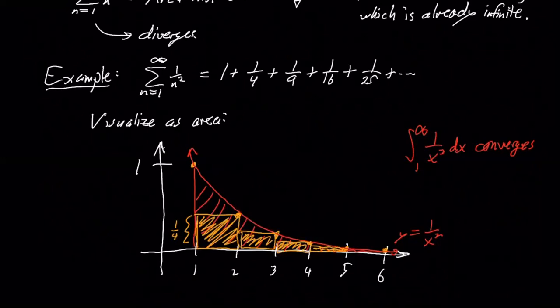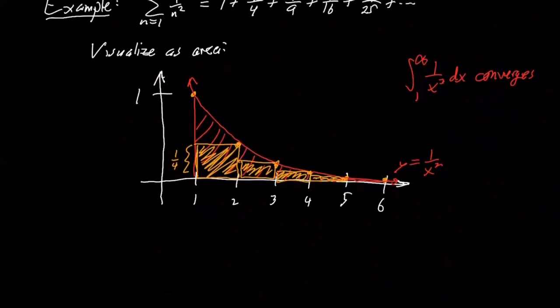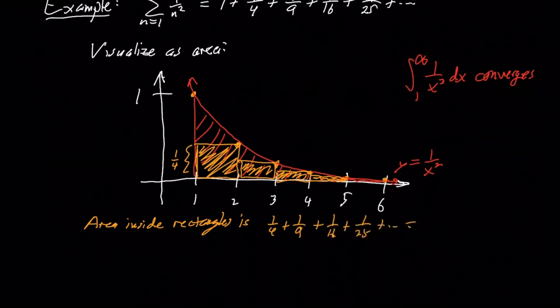So the area under these rectangles is actually a quarter plus a ninth plus a 16th plus a 1 over 25 plus so on. So that's actually the sum from n equals 2 to infinity of 1 over n squared.